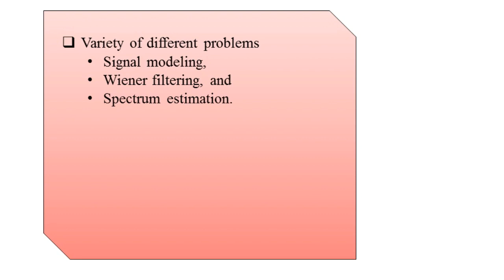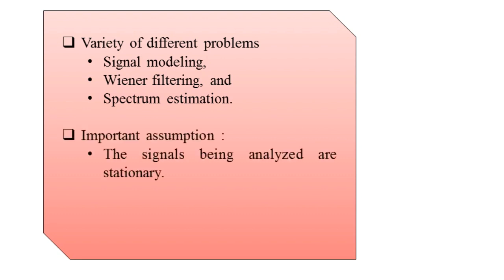If we talk in more detail, for the case of signal modeling, we can have one assumption, that the signal to be modeled could be approximated as the output of a linear shift invariant filter, denoted by h of n, with an input that is either of unit sample type, if it is the case of a deterministic signal, we know the difference between deterministic and random signals, or stationary white noise for the case of stochastic signal modeling.